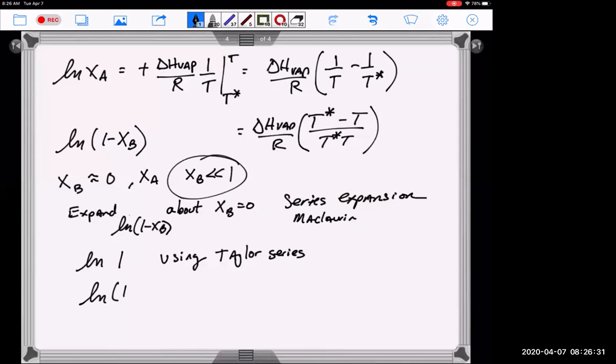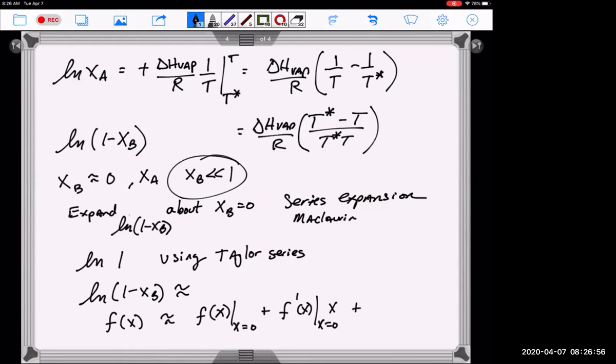So we have ln of 1 minus xb is approximately equal to what? Well, this is f of x, so approximately equal to f of x evaluated at x equals 0 plus f prime of x evaluated at x equals 0 times x plus higher order terms, right? That's what HOT stands for: higher order terms.